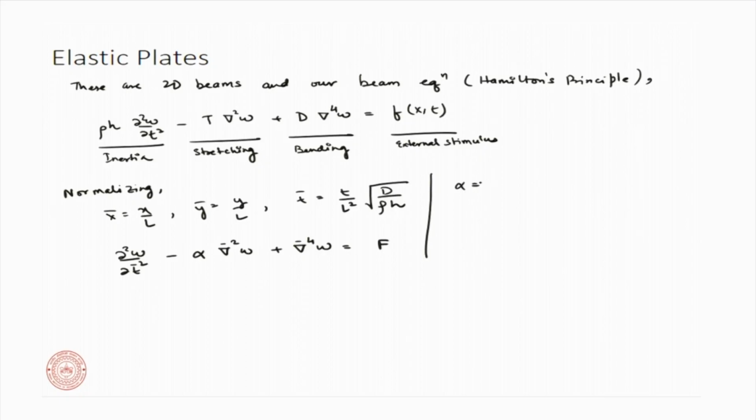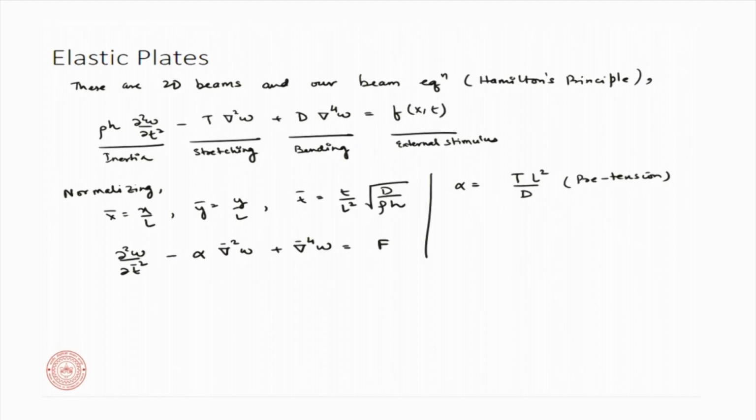This alpha term is you bringing your D term and dividing everything with this D term. You will have it is minus T L to the power of 2 over D. So this is your alpha, and this is some reference to the pretension or some stretch in the plate before you start your forces or before you apply your forces.